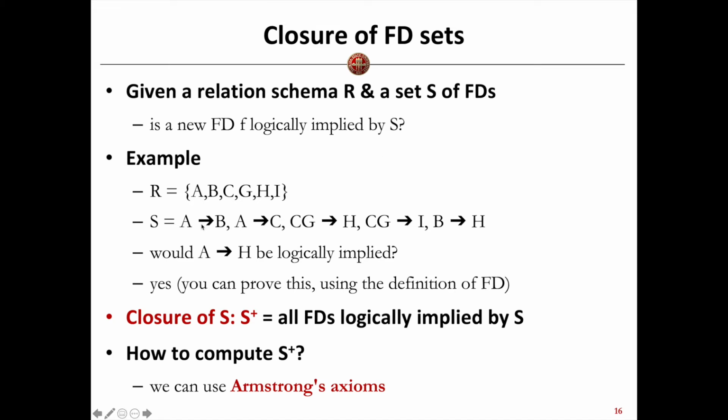We organize them into a set S. The first FD we have is A implies B. The second one is A implies C. We have CG implies H, CG implies I, and B implies H. Then we have a question: is A implies H logically implied by the existing FDs in the set S? Can we help answer this question and also prove it?